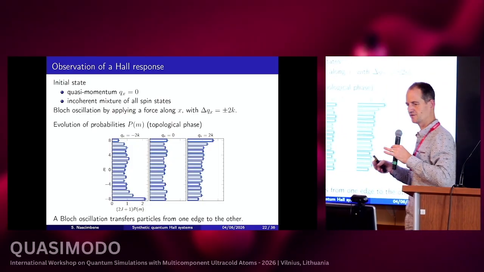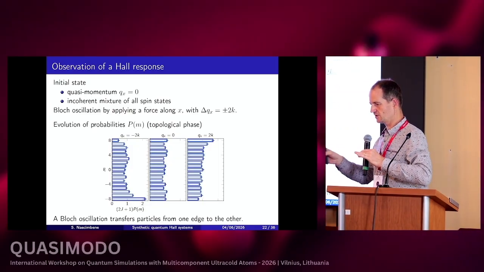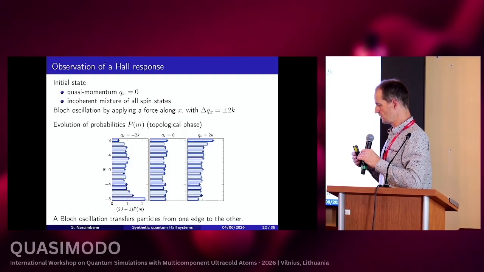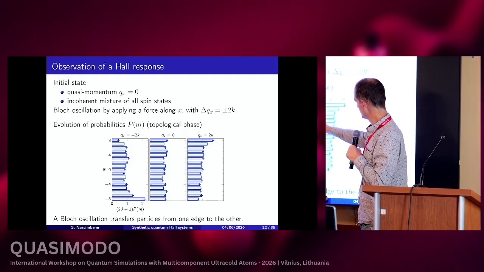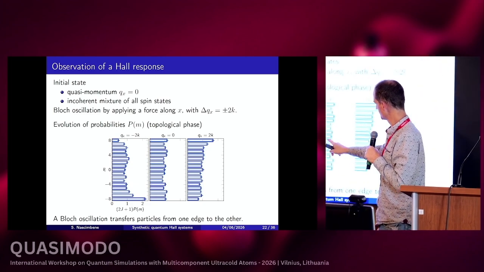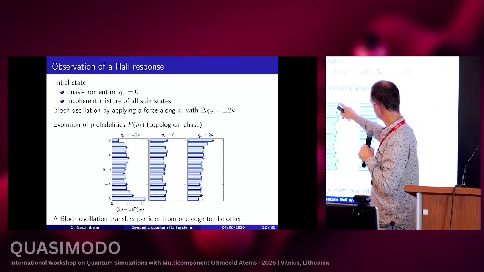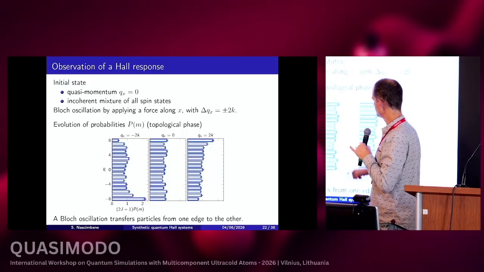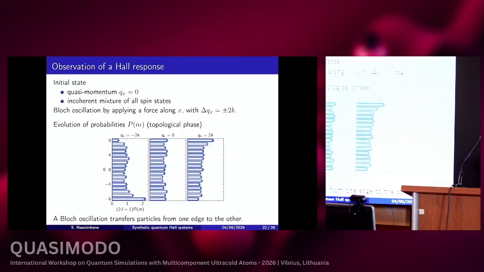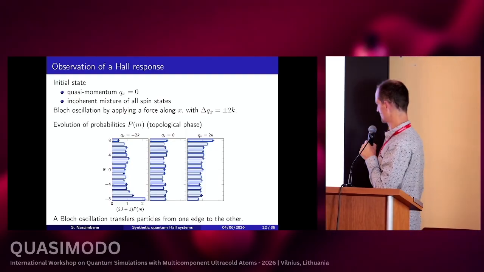So we populate the ground band in an almost uniform manner. And basically the starting point is this distribution. This is the probability to be in a given m state, at the beginning, once we have loaded the atoms in the Raman and lattice potentials.